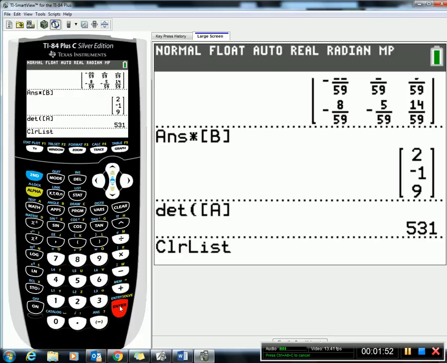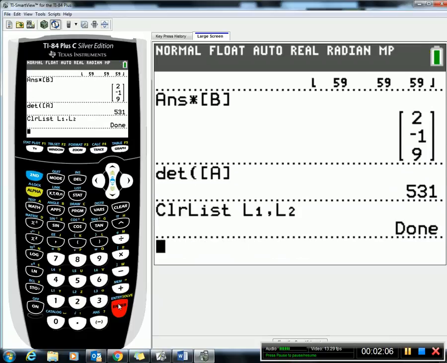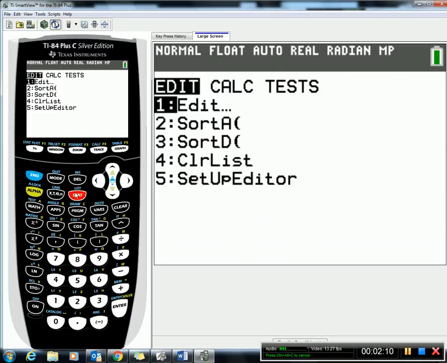So I am going to say blue L1, find your comma key right here, and then blue L2. Now you're telling it what list to clear, enter, and it should just say done. Okay? Go back to stat mode, and now you're ready to edit what's in list 1 and list 2.